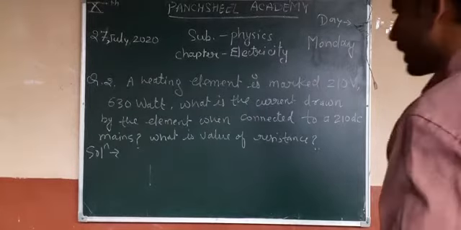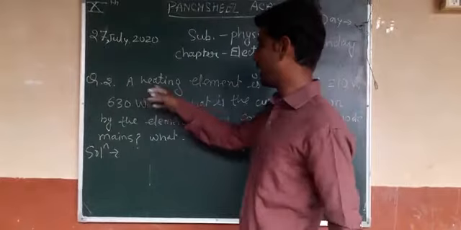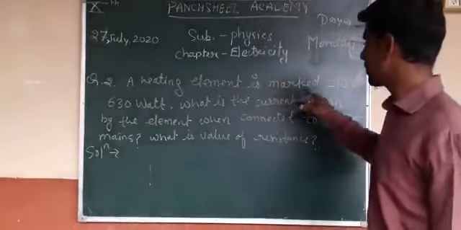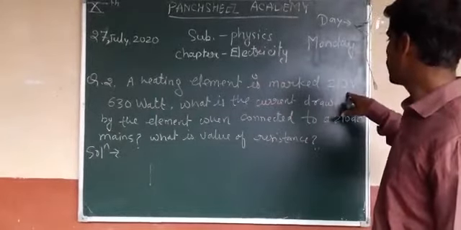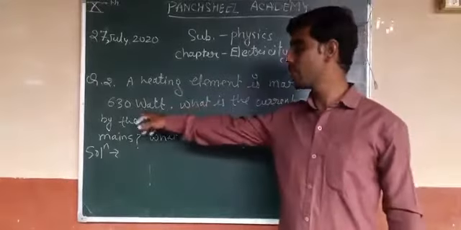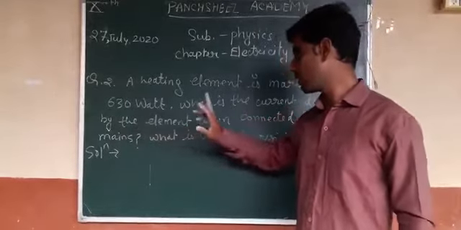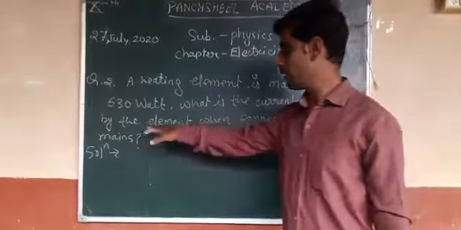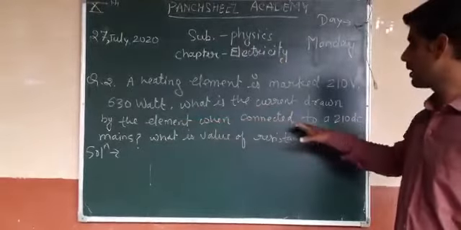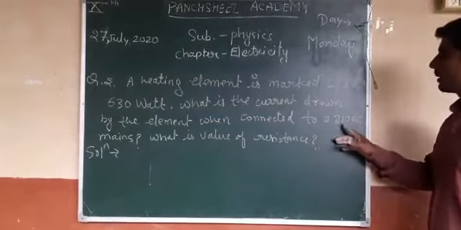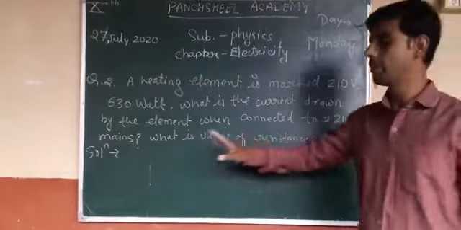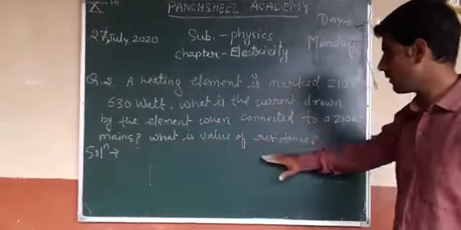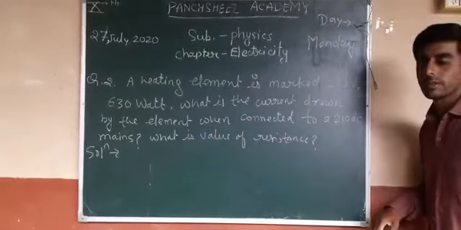This is another numerical. A heating element is marked 210 volt, 630 watt. What is the current drawn by the element when connected to a 210 volt DC mains? What is the value of resistance?